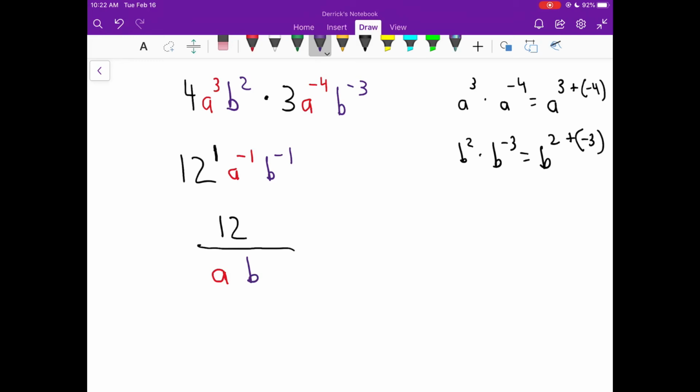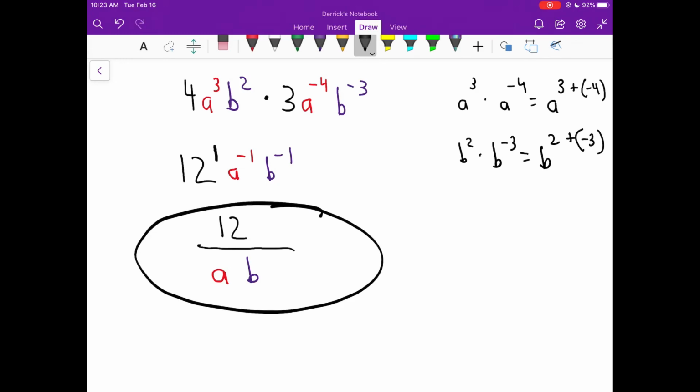Once we've done that, that changes those negative 1 exponents to positive 1 exponents. It's up to you whether you want to write those exponents there, or since it is just a 1 exponent, we know that if we don't write an exponent, it is assumed that they are to the first. So you could also just leave them without the ones at all and call that a final answer. Either one would work just fine.